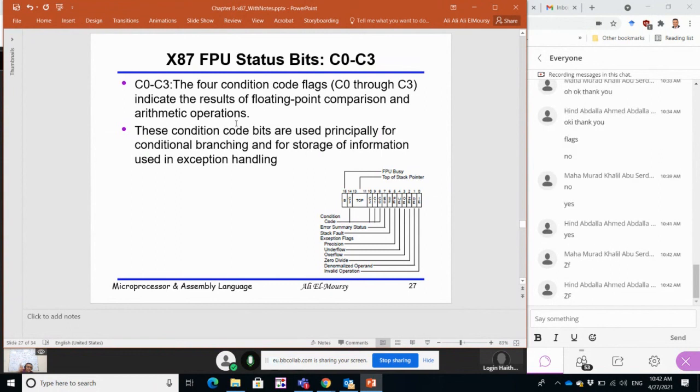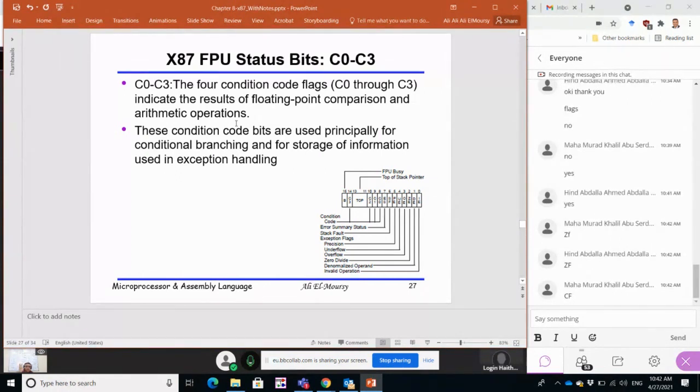We use the carry flag, the zero flag, yes exactly, the sign flag, the overflow flag. So those are analogous here for the X87. Those are 4 flags to support the conditional code for the conditional operations in the X87 processor. So we have conditional operations for floating point.